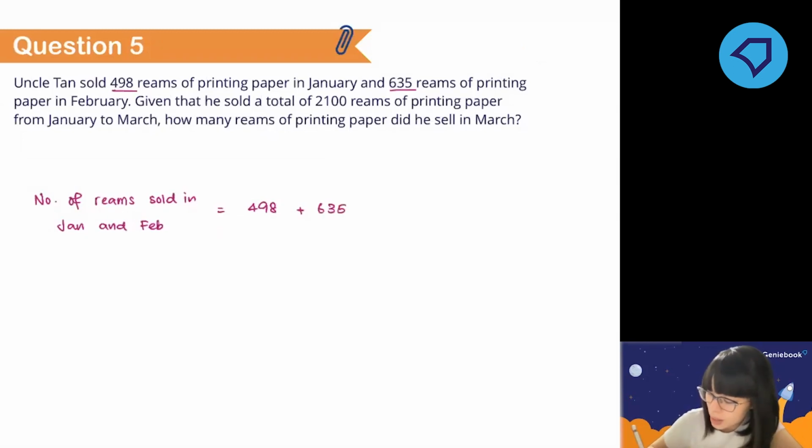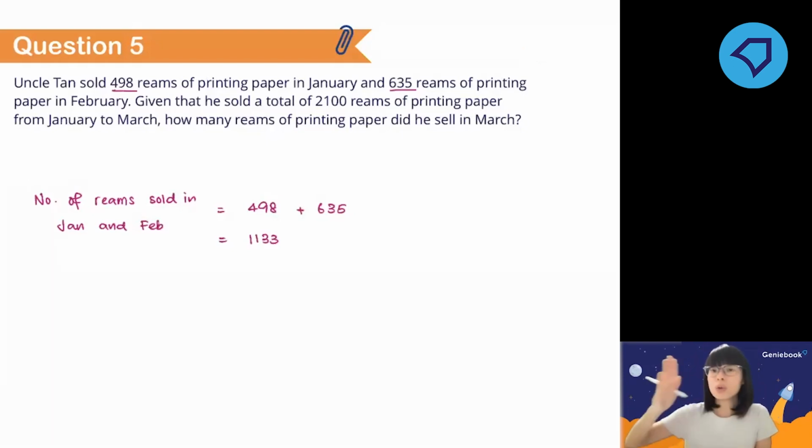If we add them together, what do you guys get? 1,000. Can you do your addition? 1,100. 1,133. This is the number of reams he sold in Jan and Feb.